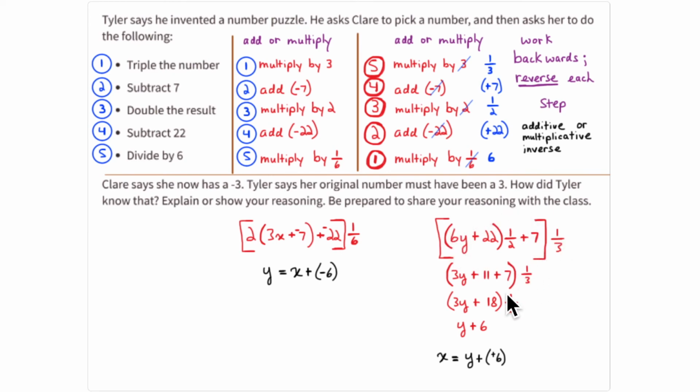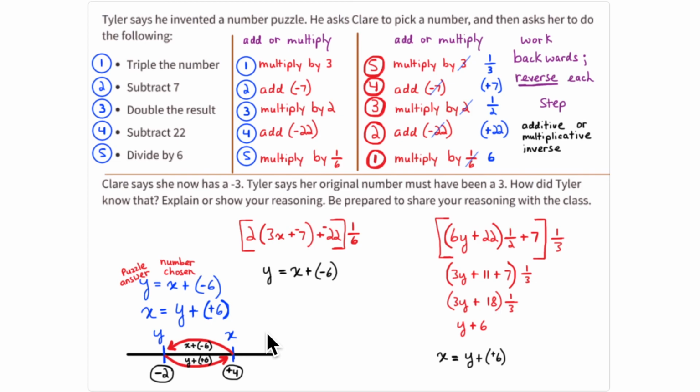You simplify all this, and you get the inverse of this expression right here. So x, the number selected, is equal to the answer plus a positive 6. You move this negative 6 over here, it becomes a positive 6.